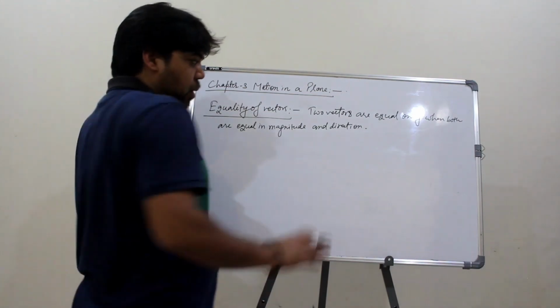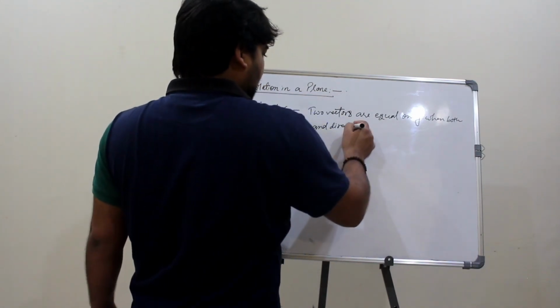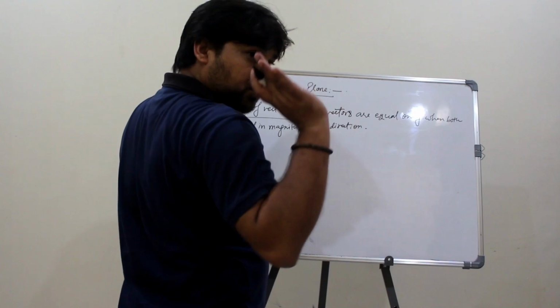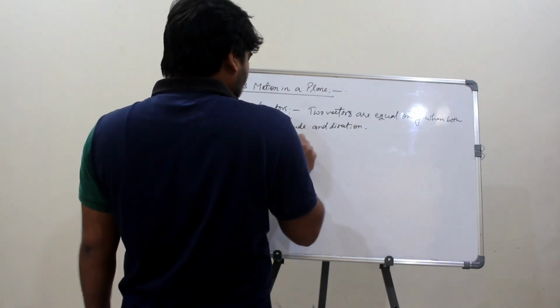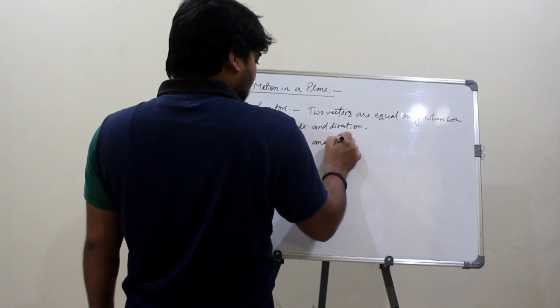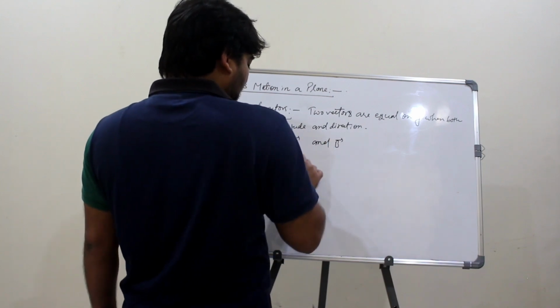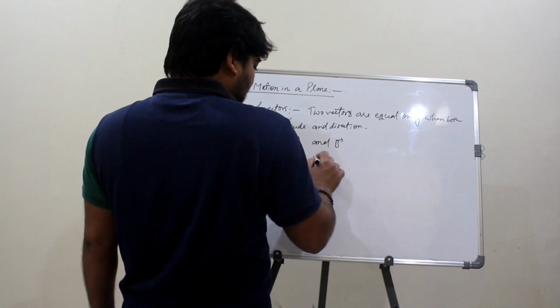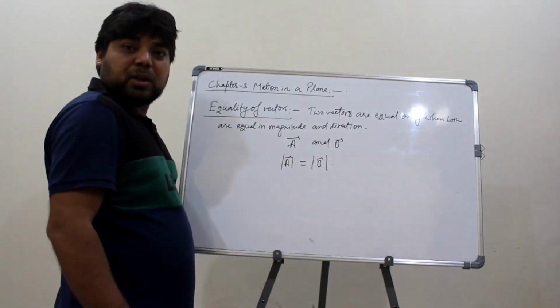Right? So what is the magnitude? First you need to understand. If A is a vector and B is a vector, then mod A must be equal to mod B. And what is the direction?